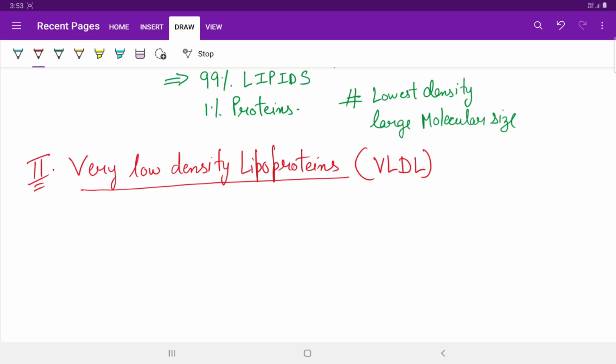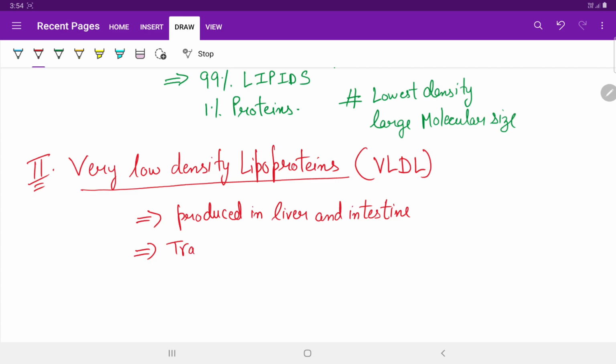They are produced in the liver and intestine and are responsible for transport of endogenously synthesized triacylglycerol.